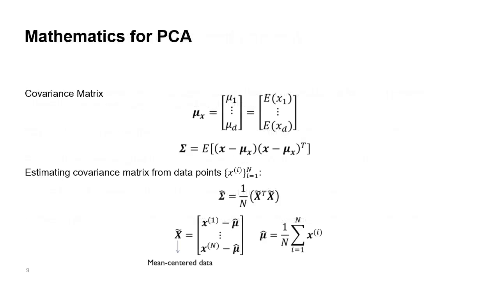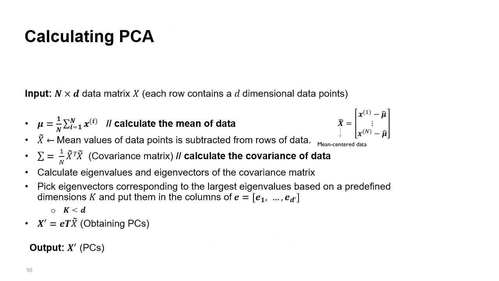Here are some points of mathematics for PCA, such as how to estimate covariance matrix from data points. Here are the detailed steps to obtain PCs, where the input is an n by d data matrix X. 1. Calculate the mean of data. Mean values of data points is subtracted from rows of data. 2.